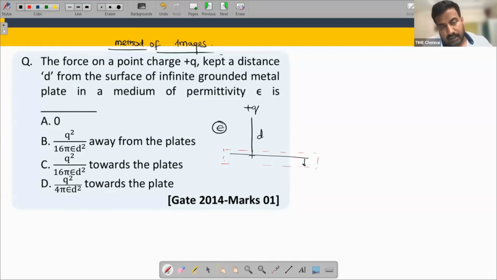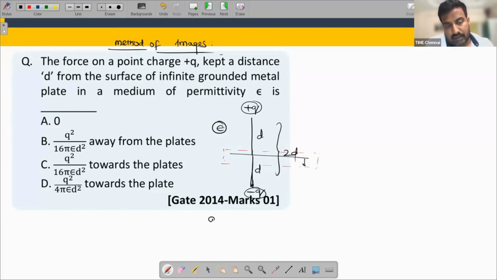Then you take an equidistant image charge minus Q. There are two charges plus Q and minus Q separated by distance 2D.